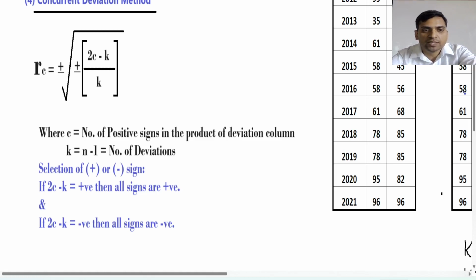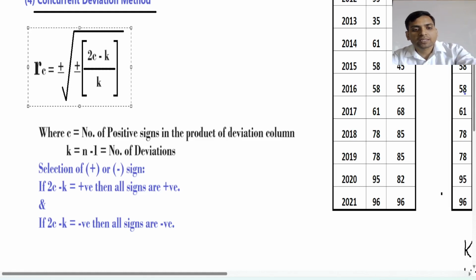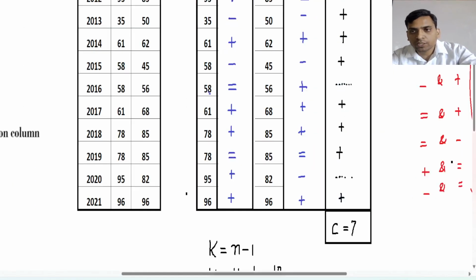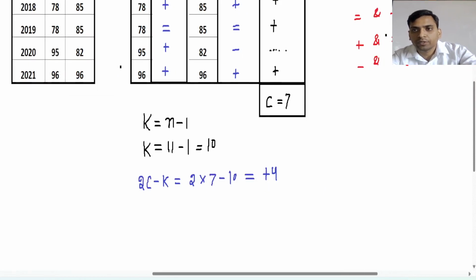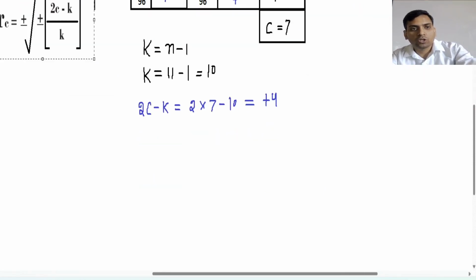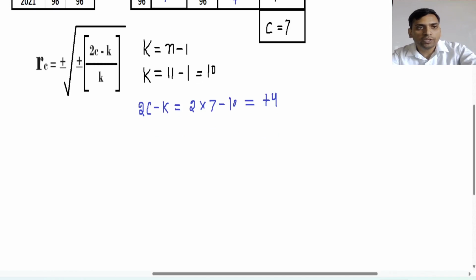If 2C minus K is negative, then all the signs are negative. That's why I have calculated 2C minus K first. And for this question, the term 2C minus K is positive.